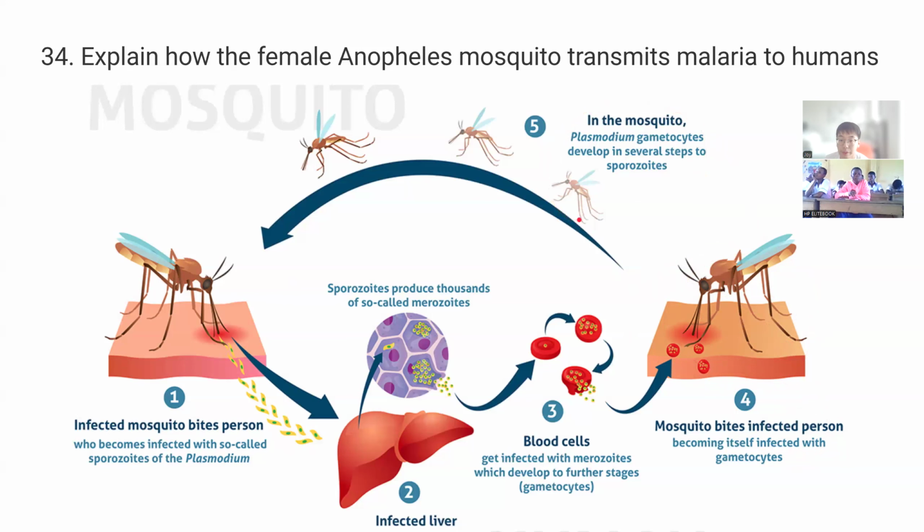In the mosquito, the Plasmodium gametocytes develop into gametes. It's like a sperm and the egg. Once it combines, it forms a zygote and it develops into the parasites again. And the cycle repeats when the infected mosquito bites the human again. So this was the whole, a pretty long cycle.